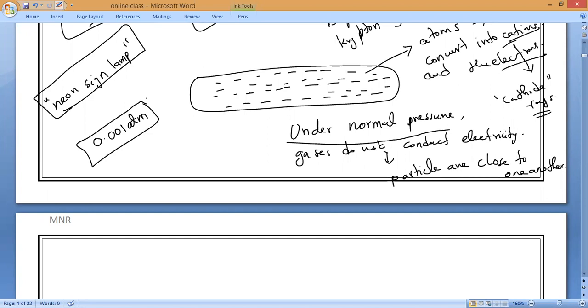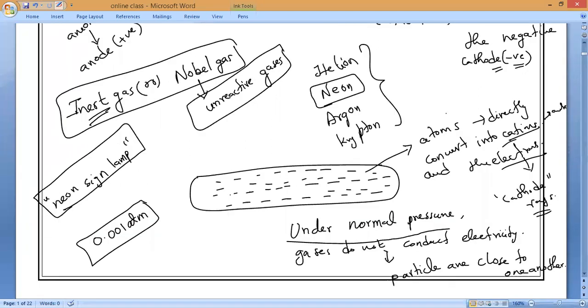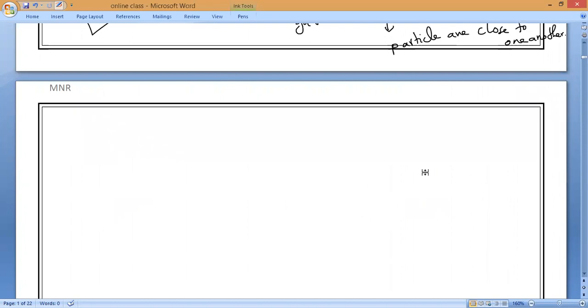Now, one more thing you observe. Why am I filling the tube with inert gases? Because inert gases directly convert into cations as well as electrons. But suppose I take a normal gas, let me take hydrogen gas.